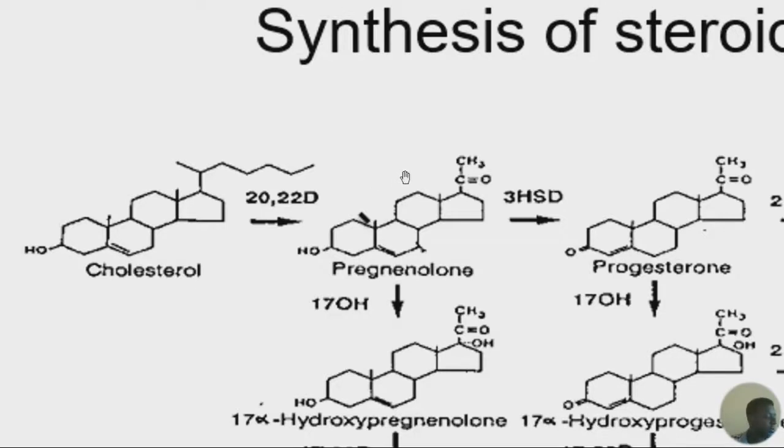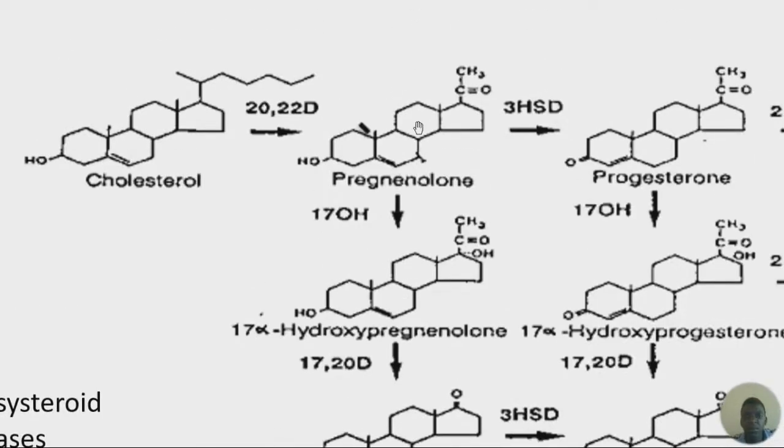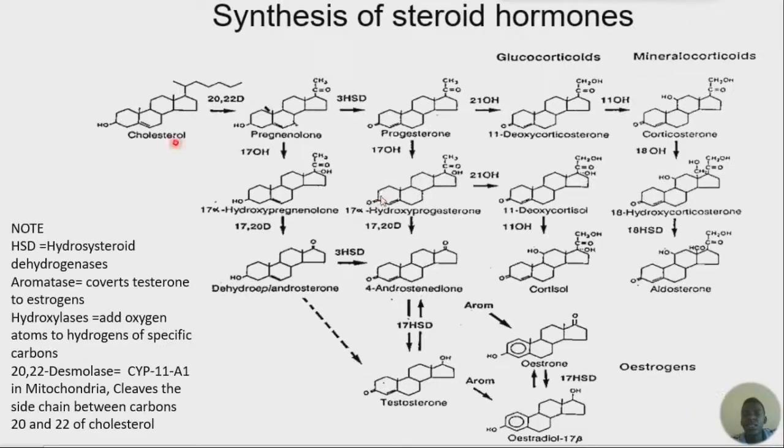When it is cleaved off, we remain with a ketone group, and that is what we call pregnenolone. All other things are similar, just that part of the side chain goes off. That is the desmolase.